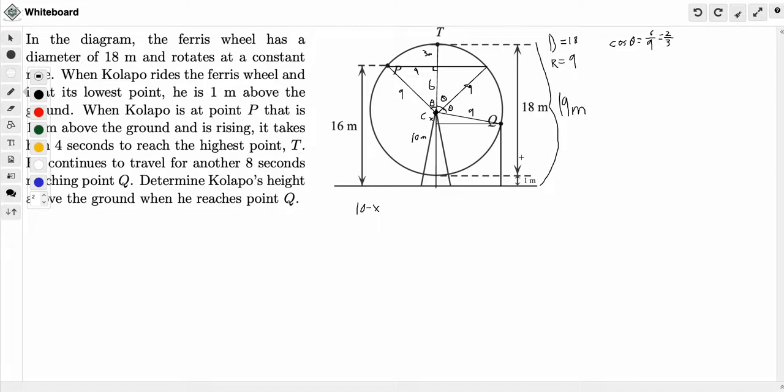And finally, I can use trigonometry again to solve for this angle, which I'm going to label as y. Since this small triangle has a right angle, 180, which is this whole angle, 180 minus 2 theta is equal to y.